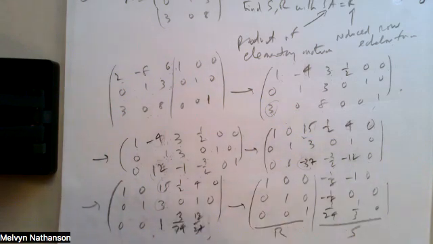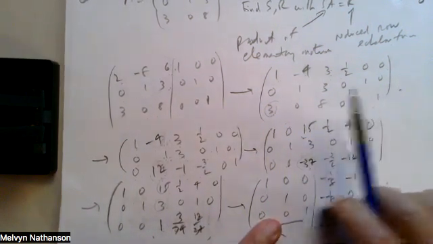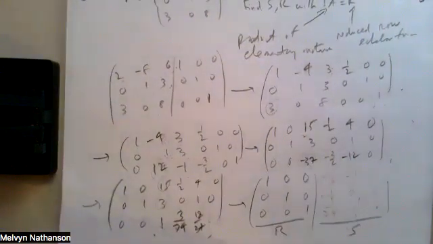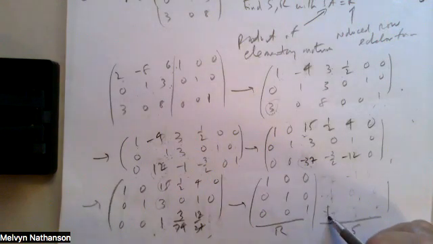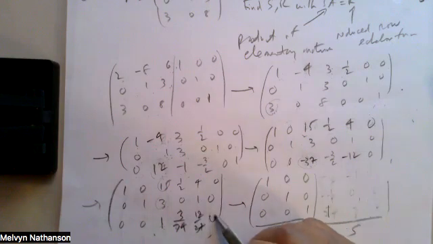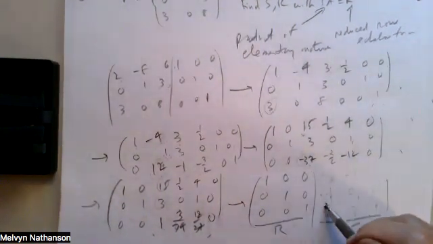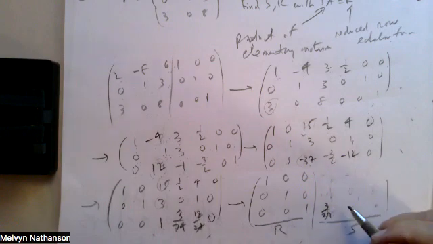Okay. And then the last step is to get zeros here and here. So I have 0, 0, 1, 0, 0, 1. Sorry, this row is 3 over 74.